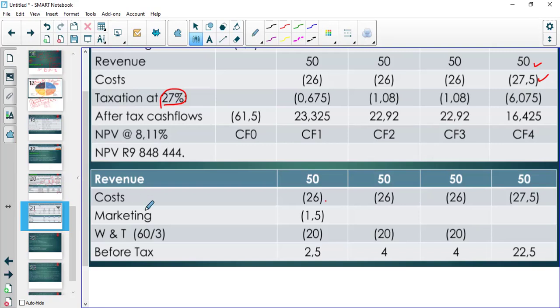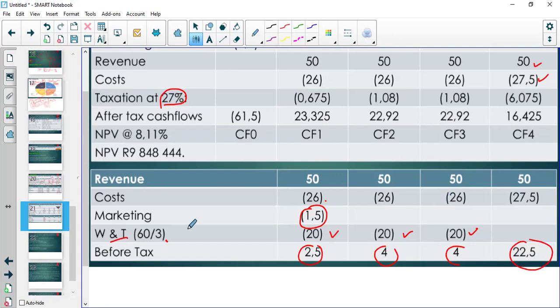Then marketing. Remember I moved this marketing because it's incurred at the beginning of the year, but for tax purposes, you have to move it to year 1. Then wear and tear capital allowances, we're going to claim that. So before tax is 2.5, 4 and 22.5. Okay, yeah.